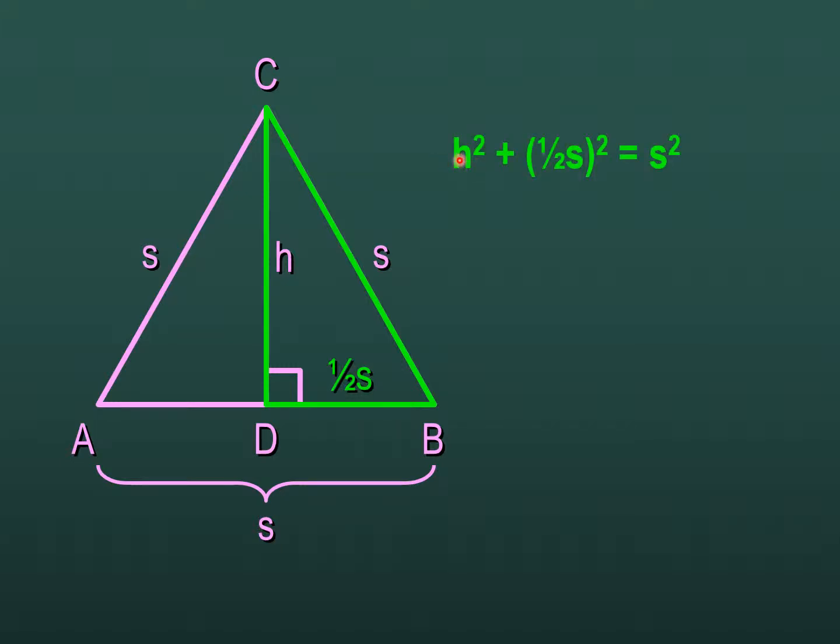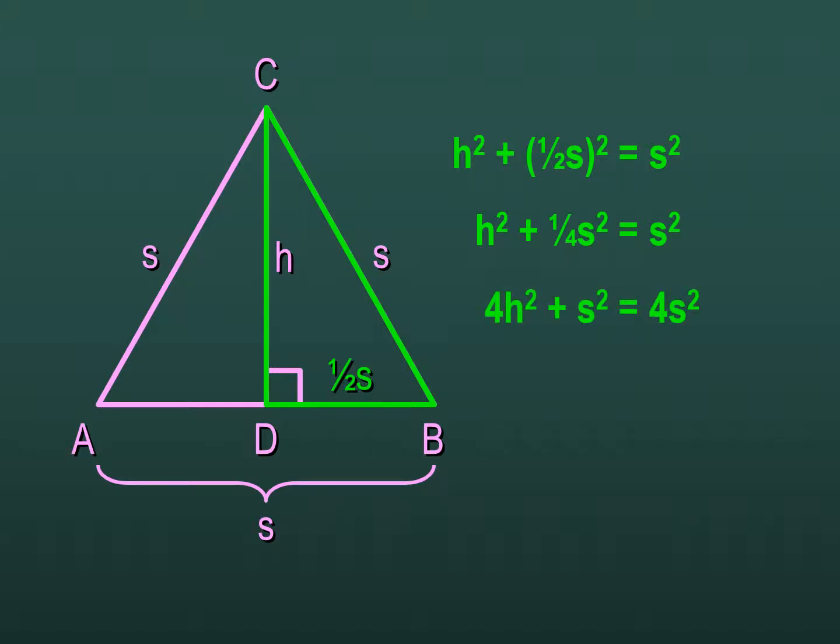So you have h squared, that's one leg, plus (1/2 s) squared, that's another leg, equals s squared, that's your hypotenuse. So h squared plus (1/2 s) squared equals s squared. So if you were to go ahead and distribute this 2 exponent, you would get 1/2 squared, which is 1/4, times s squared.